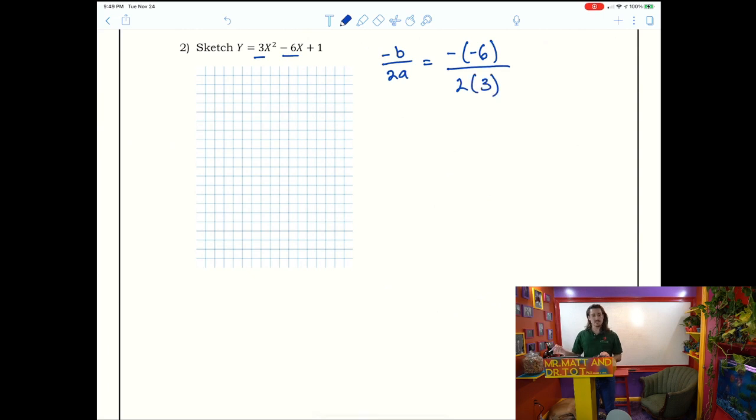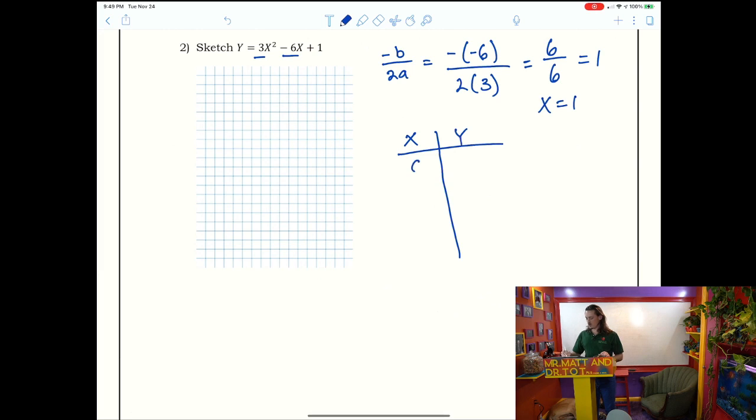A negative times a negative is a positive, so this is going to be 6 divided by 6, which is positive 1. So at x is equal to 1, I have the axis of symmetry, so I'm going to pick 2 points to the left and to the right of positive 1. So maybe 0, 1, and 2.